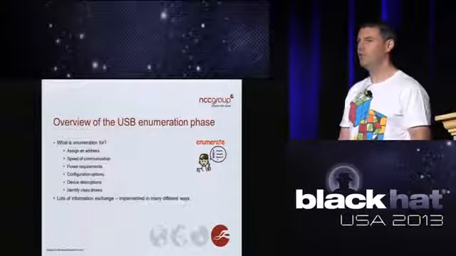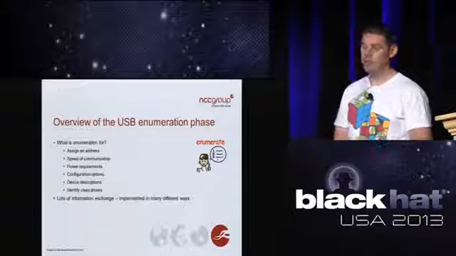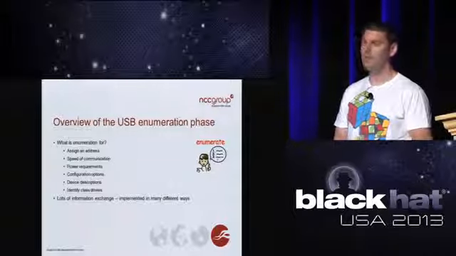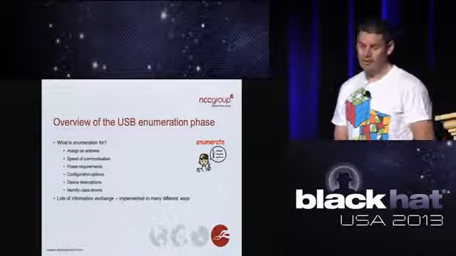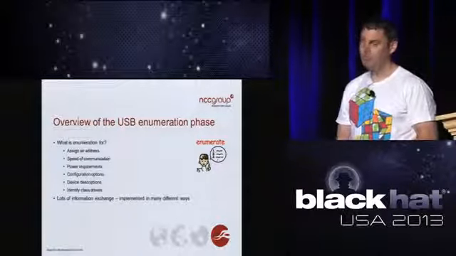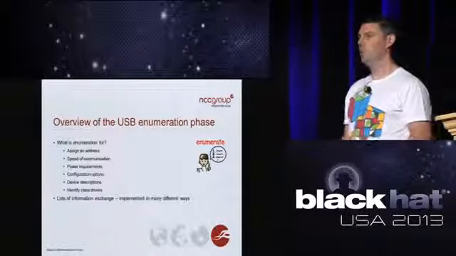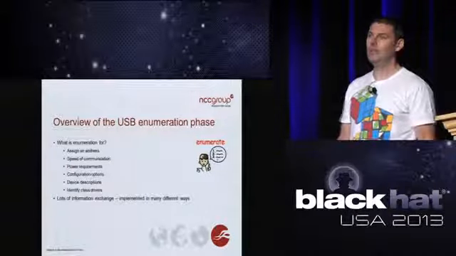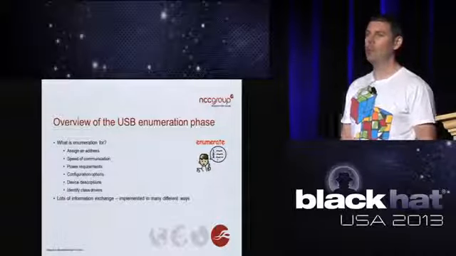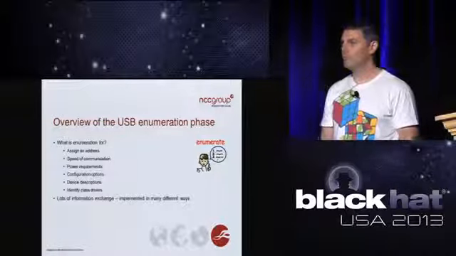There's a whole bunch of different speeds that can be used for USB devices depending on which version they use. How much power is going to be consumed by the device. So you can either have bus-powered devices or self-powered devices. If it's going to be bus-powered, how much power is it going to consume from the host?